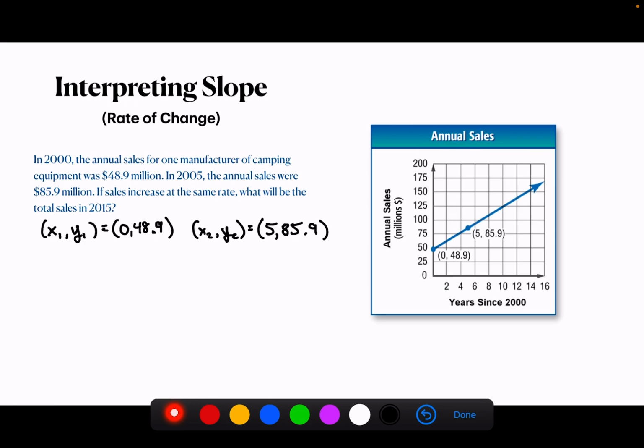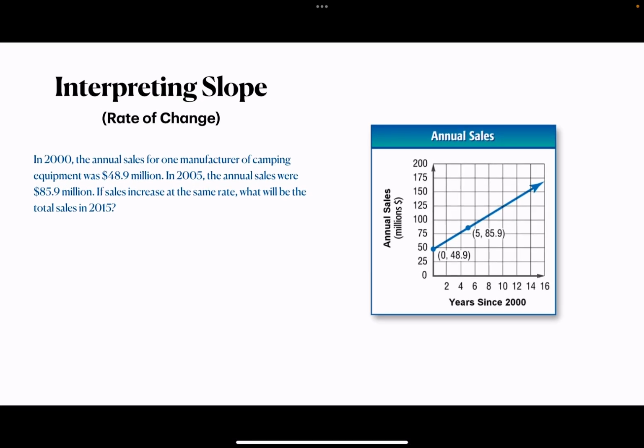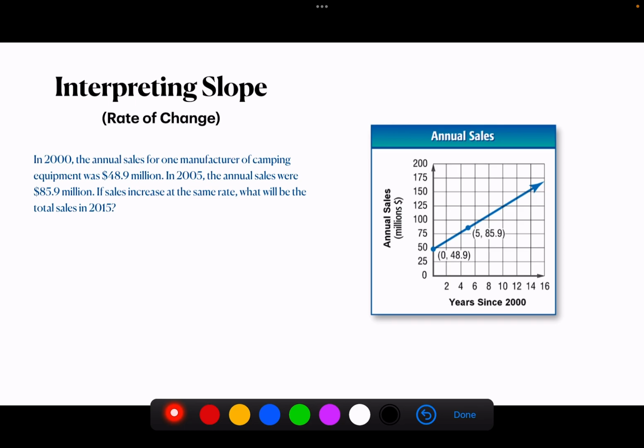Let's find the difference in our y's. The difference in our y's is going to be 85.9 minus 48.9, which equals 37.